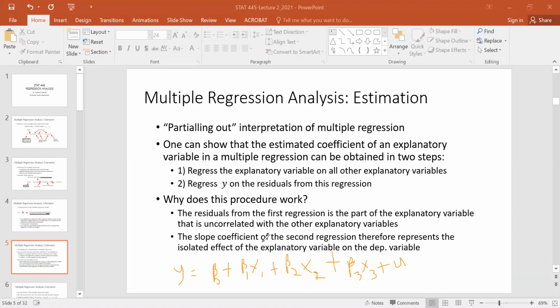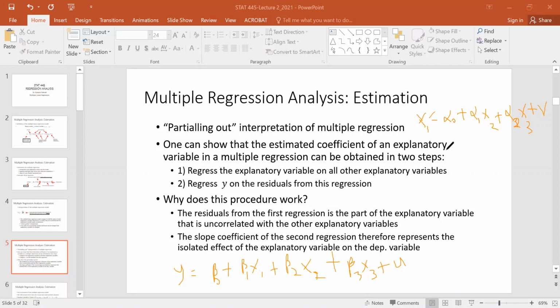First, step 1, the one I'm interested in, take that x1, regress it on all other explanatory variables, alpha 0 plus alpha 1 x2, all other regressors, plus alpha 2 x3, plus an error term, say v.